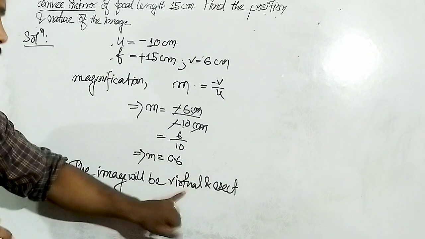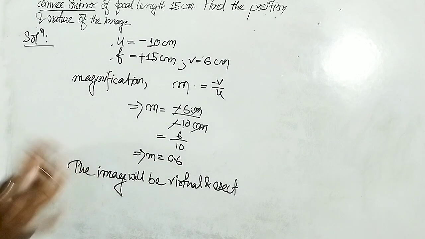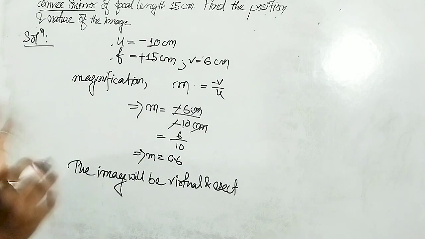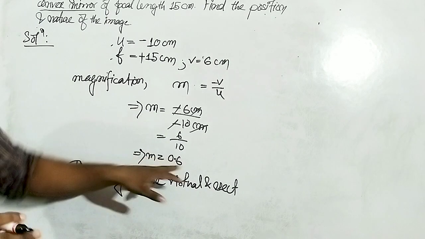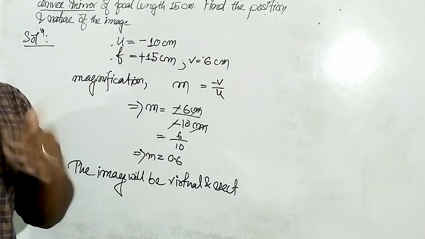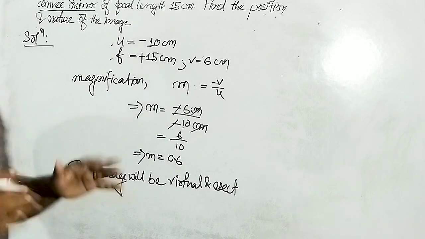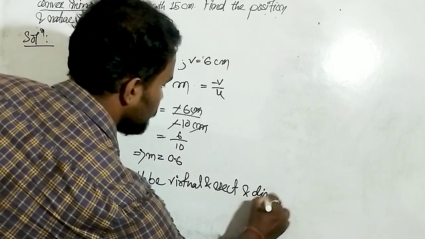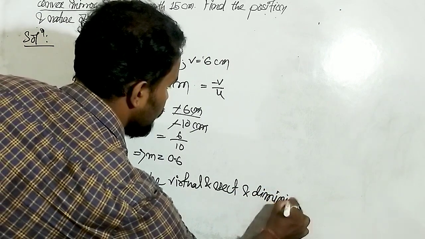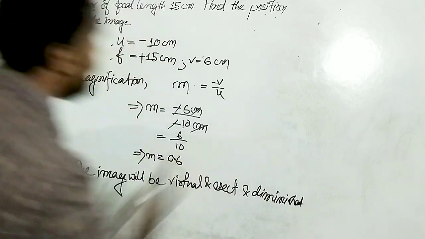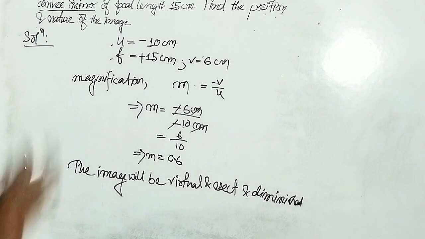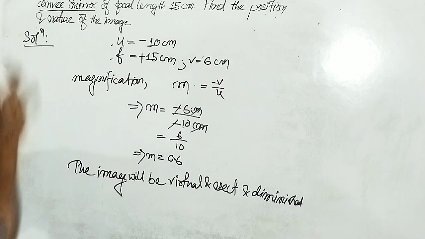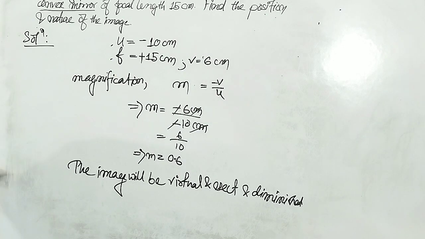Since it is virtual, it should be erect. The image will be virtual and erect. And now look closely. M is a little bit less than 1, right? So what can you say? Diminished, right? That is small compared to the object. So this is the answer of this question. You just write down, hold this thing by pausing the video. Simple question. Now we'll move to the second question.